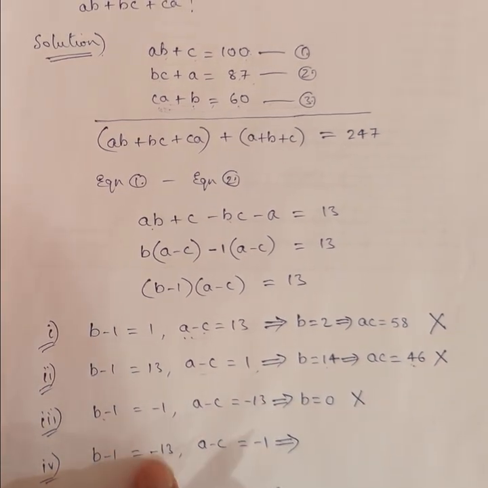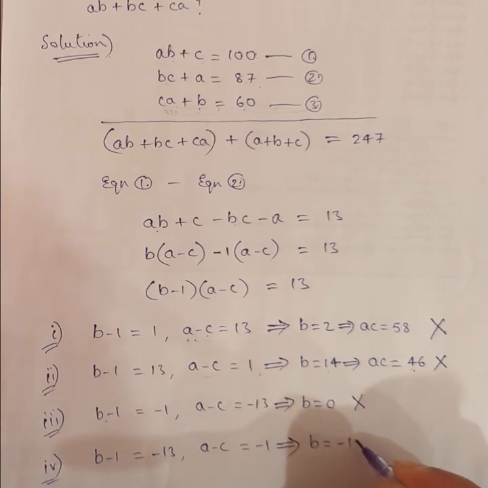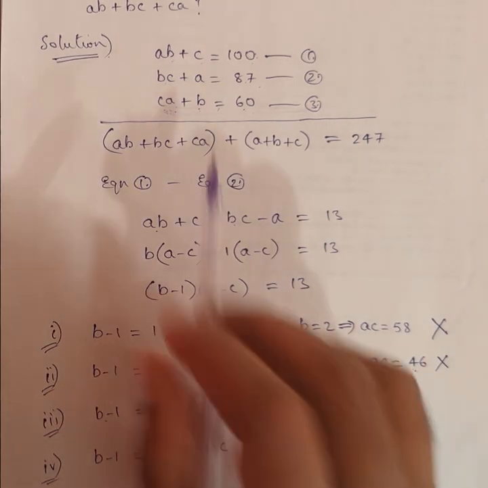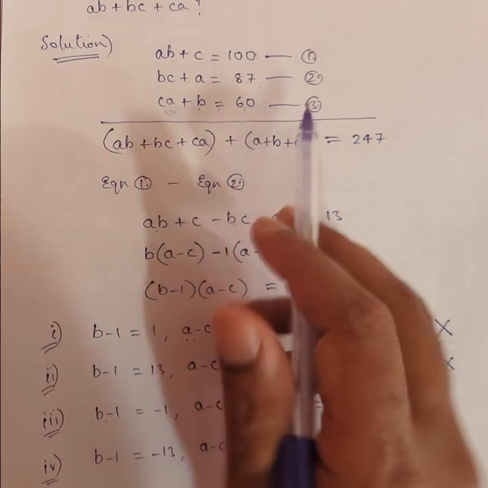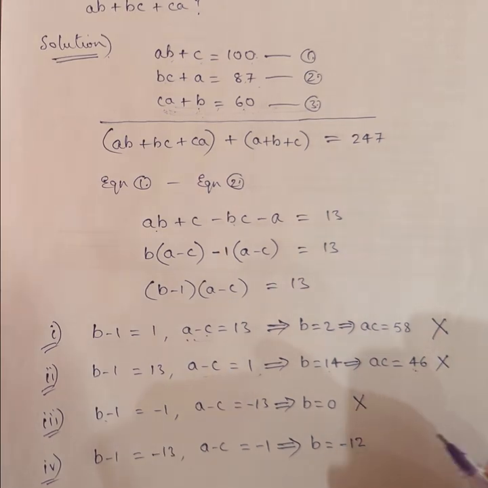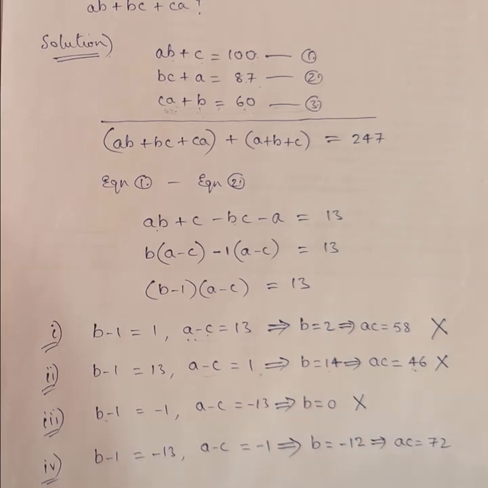And let's check. b minus 1 is negative 13, which means b is negative 12. So if b is negative 12, then ac is 60 plus 12, so 72.